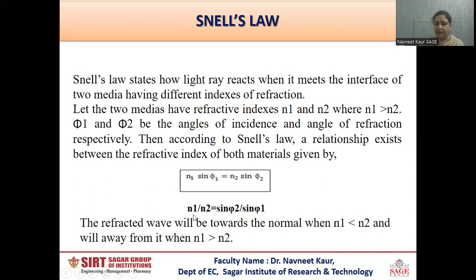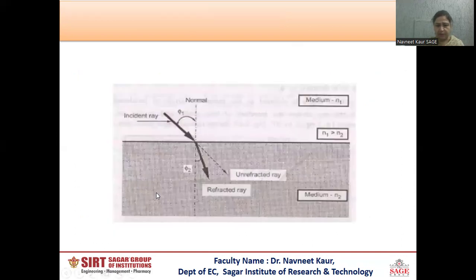That means n1 is a medium of lower refractive index, a rarer medium, and n2 is a denser medium. So, when light rays move from rarer to denser, the light will always bend towards the normal, because here phi2 will be less.